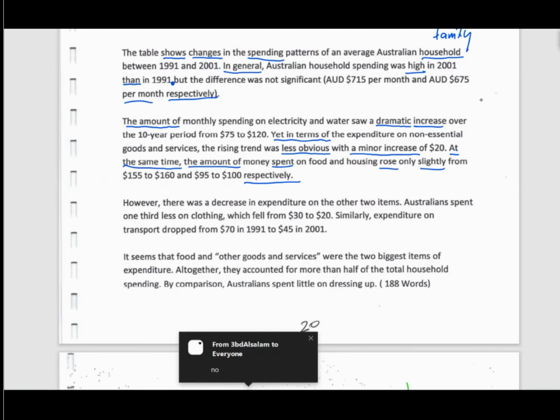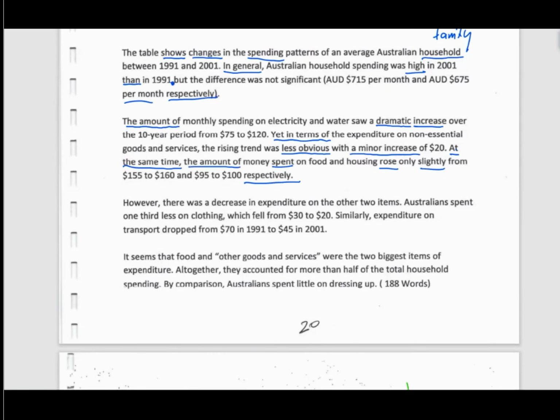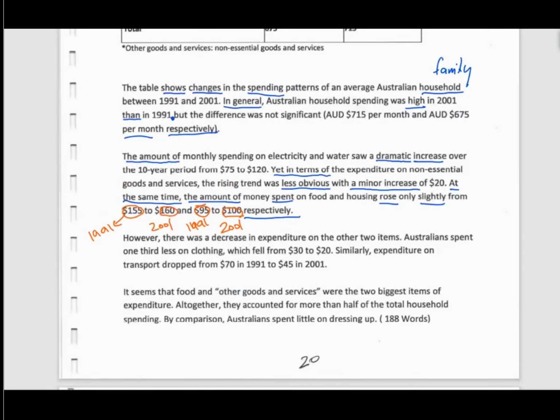If you mention two things that happen in 2 years, from 155 to 160, 1991, 2001, the same, respectively, means that you don't need to mention the years again because you have already mentioned them in your introduction.